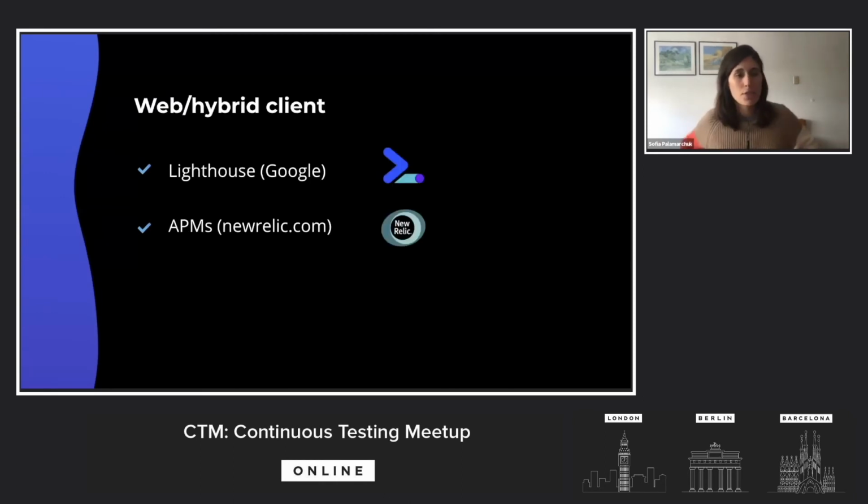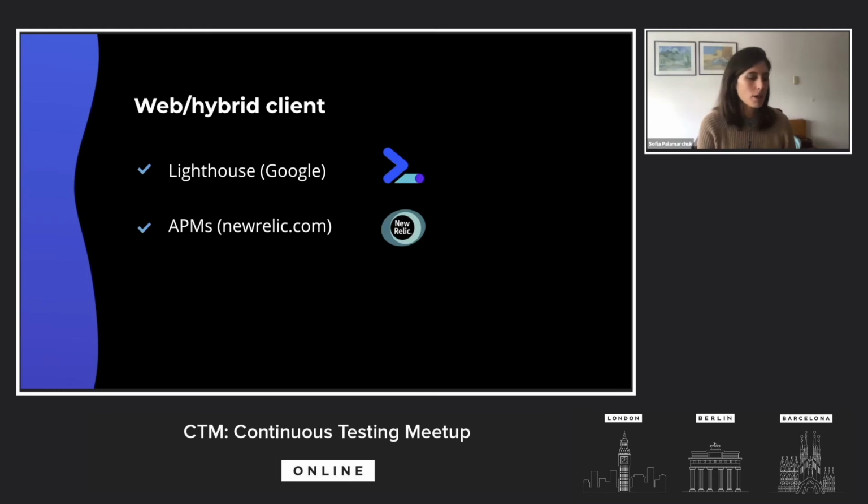Then if we think about web or hybrid clients, Google has Google Web Dev Tools. They have Lighthouse, which is actually the engine for many tools today that measure web performance. So I recommend you check it out if you're testing a web app, so a web app on mobile.